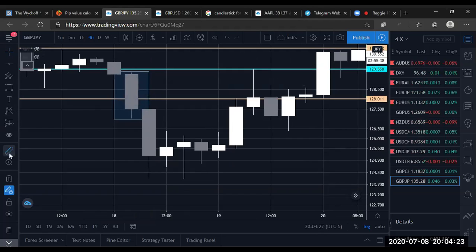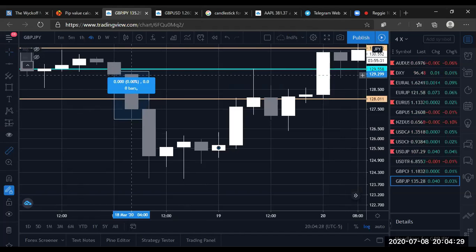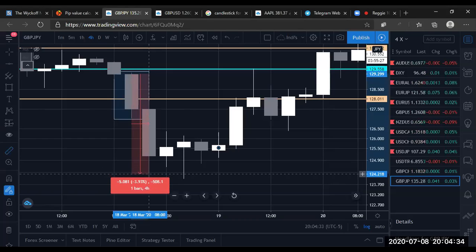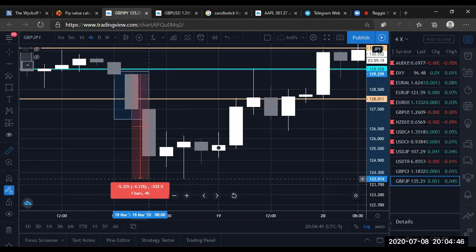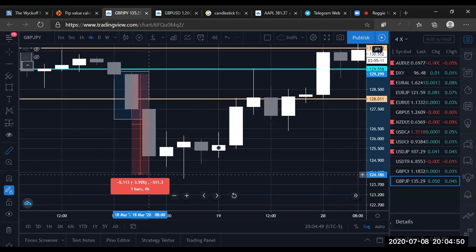And within that whole sale, if you measure it from when price started all the way down to when price ended, this was a 529 pip move. This was from 4 in the morning to 8. So from 4, this is a 4 o'clock candle, and this is an 8 o'clock candle. So that means actually from 4 to 12, they pushed price for about 511 pips.